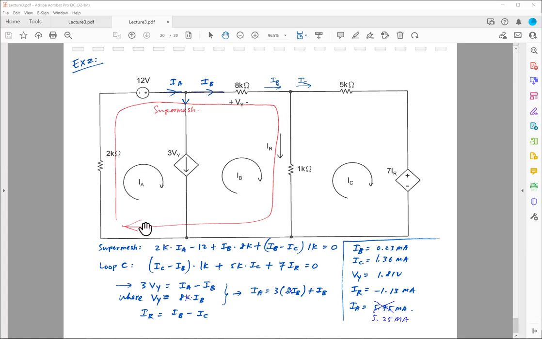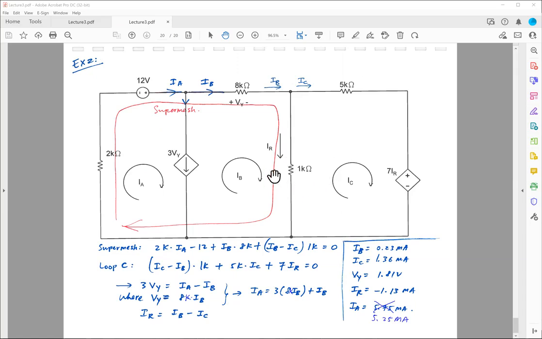So 2K times IA minus 12 volts, I know it's minus 12 because this terminal is negative first, plus IB times 8K, going clockwise and down, plus (IB minus IC) times 1K.